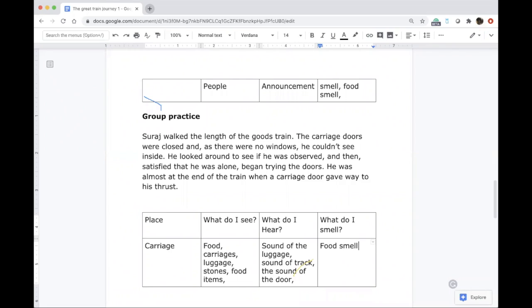Okay, food smell. Maybe the train is carrying food. What else? Fuel smell. Luggage. What kind of smell do you think luggage has? Do you smell luggage? Remember, we are talking about the carriage.